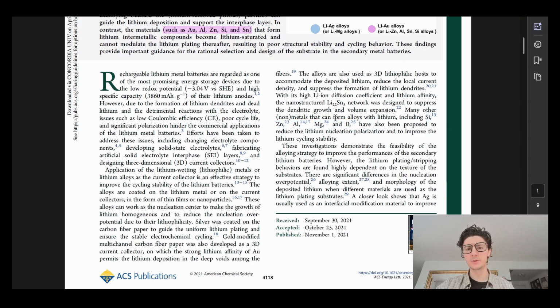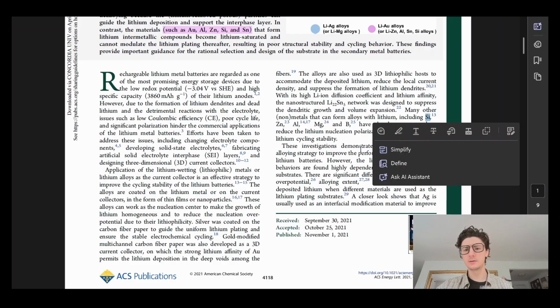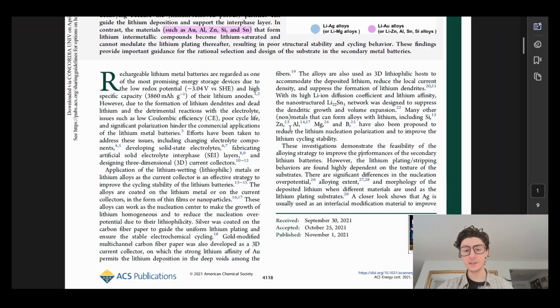Many other non-metals can form alloys with lithium, including, I think this is silicon? Should be. Zinc, aluminum, magnesium, and boron. Have also been proposed to reduce the lithium nucleation polarization and to improve the lithium cycling stability.